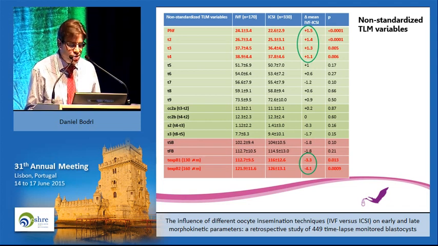At the blastocyst stage, however, IVF embryos started to show an increasing advancement, which has become statistically significant at the late expanded blastocyst stages, minus 3.3 to minus 4.1 hours.